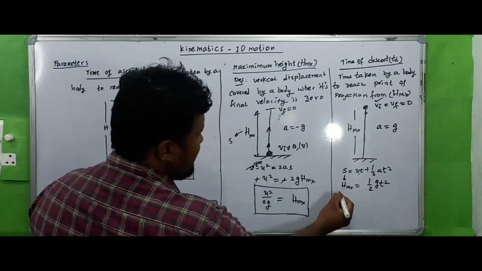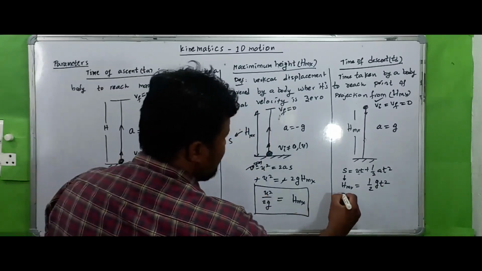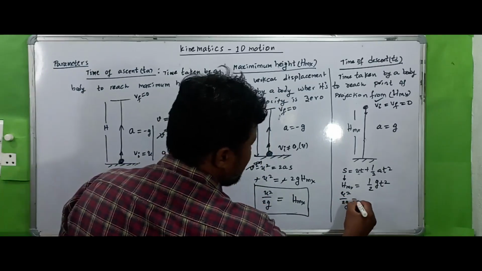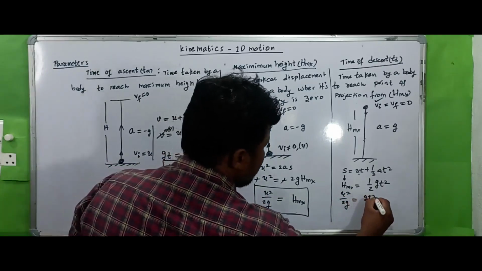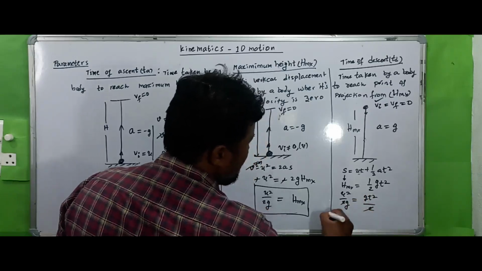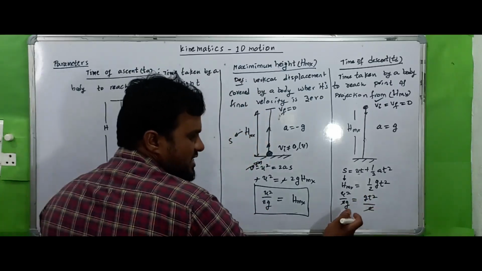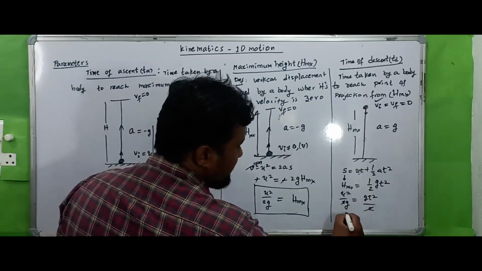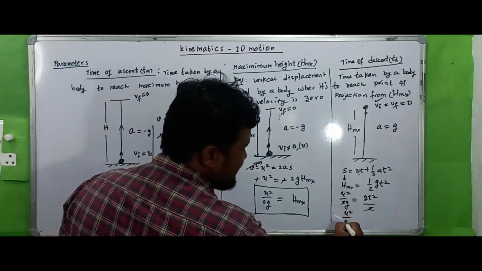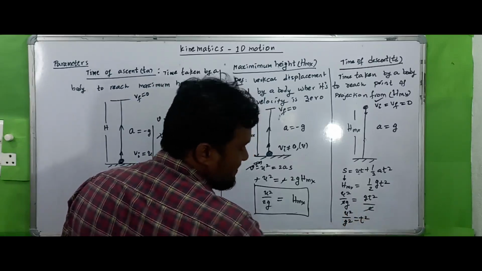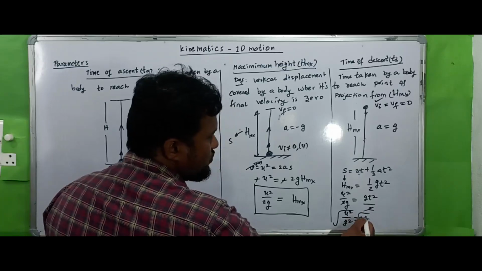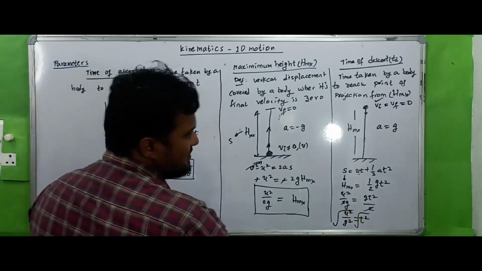But I know what h maximum is: h maximum is u square by 2g. I will use this term, u square by 2g equals g t square by 2. The 2 in the denominator on both sides cancels. If I move this g to this side, we will get u square by g square equals t square. Now apply root on both sides, and the square and square root get cancelled.